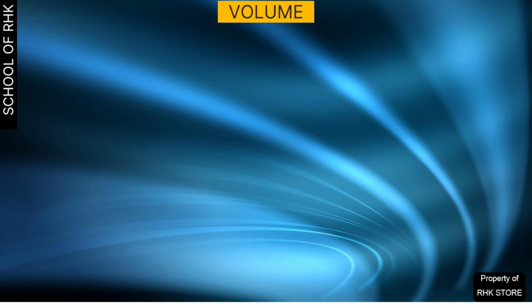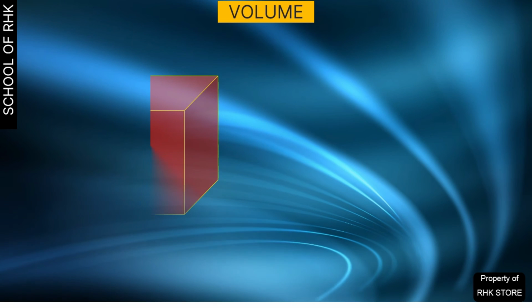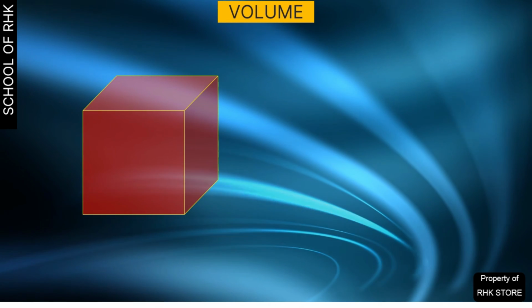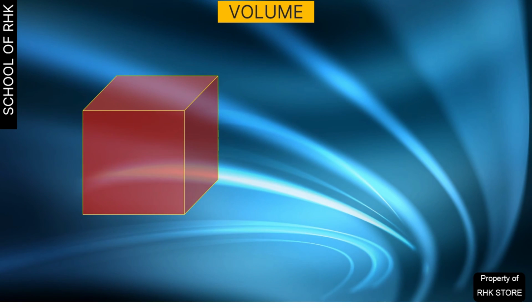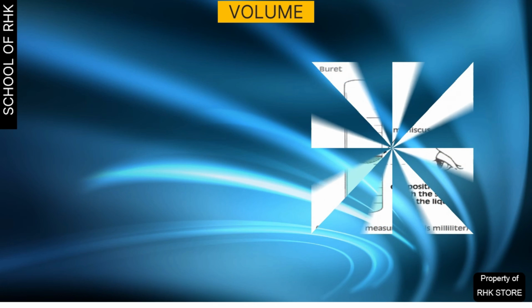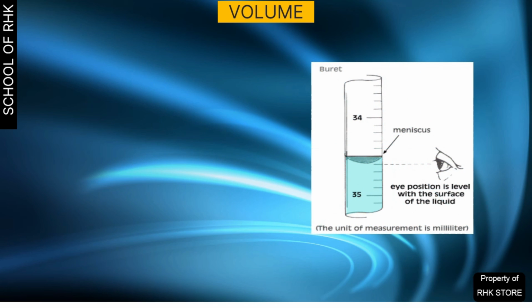It is to be noted that volume is also used to measure fluids such as gas or liquid. To measure fluid, we use the liter. A liter is the volume of a cube that measures 10 cm on each side. The volume of a liquid may be obtained by pouring it into a measuring cylinder. A known volume can be run off accurately from a burette.